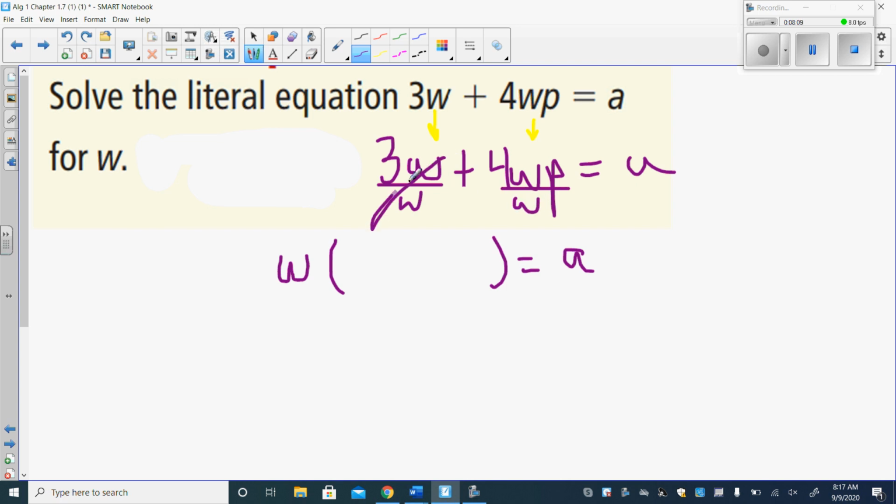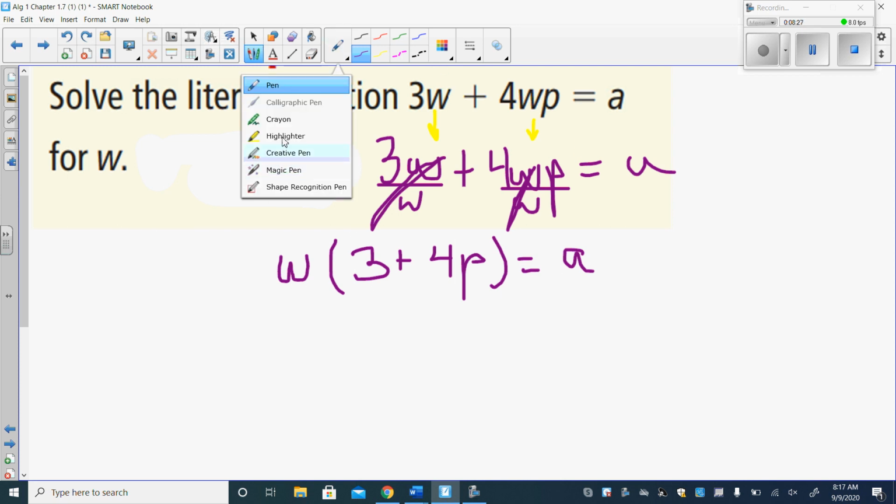Well, w and w here will cancel out, leaving me with just 3, plus w and w cancel out here, and I'm left with 4p. Now this factoring out, the opposite of the distributive property, only affects this one side.